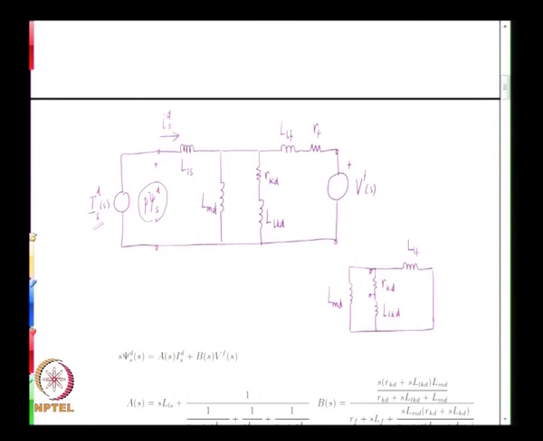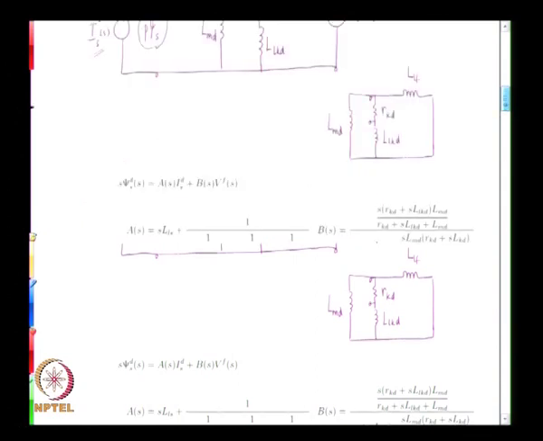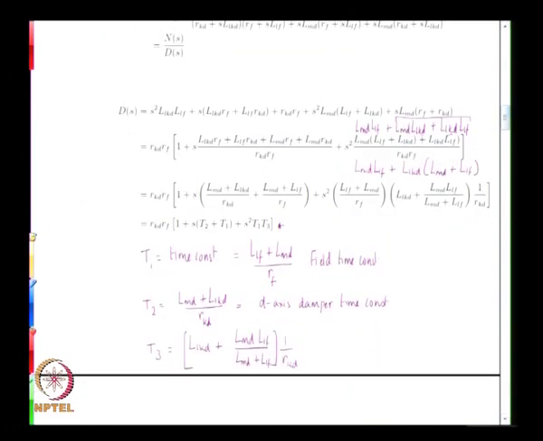You can see that LLF occurs in parallel with LMD and those two together occur in series with LLKD. So, this is nothing but the inductance as seen by the resistance of the damper. So, that is what is shown here.